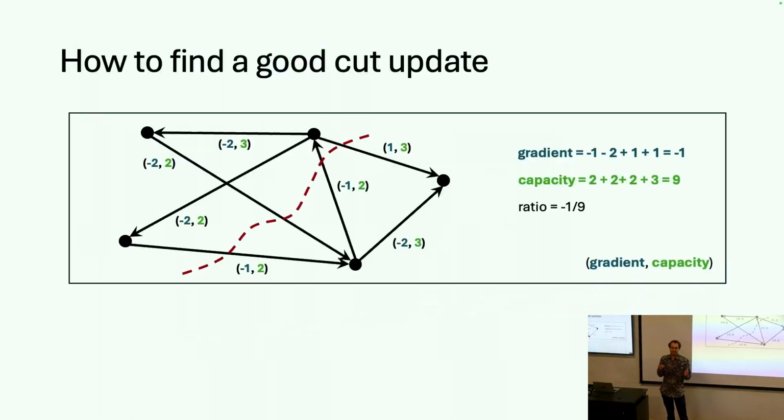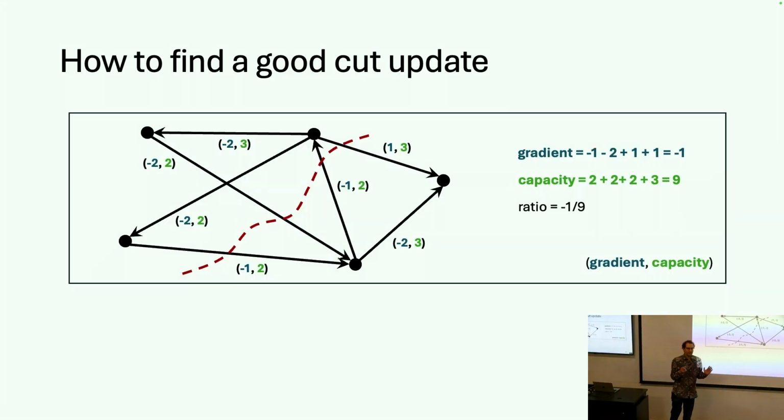And this again gives a graph problem where every edge is associated with two values, a gradient and a capacity. Gradients can be negative or positive. Capacities are always positive. And this is kind of similar to the costs and capacities before, but this graph has a lot more undirected structure, which I will tell you about now.